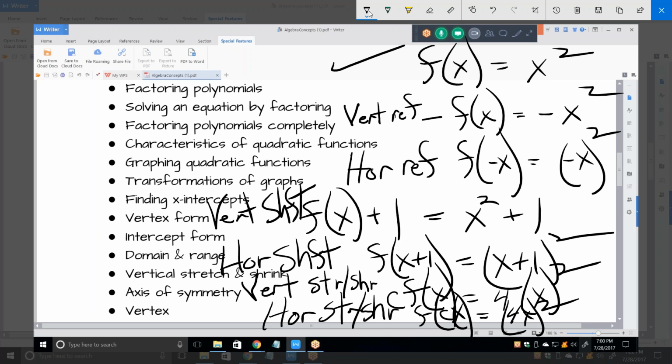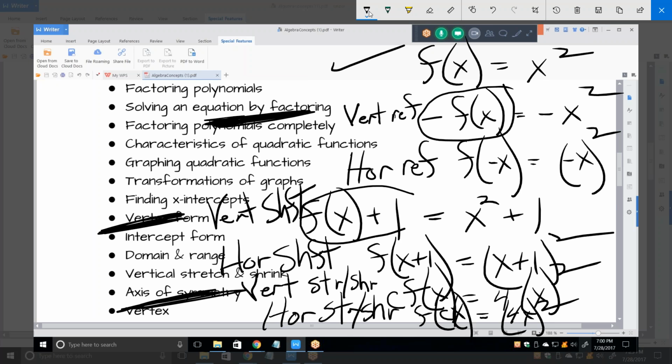But notice the similarities. All of the vertical transformations, those 3, all 3 of them occur outside the f of x, correct? That negative sign is outside the f of x. That vertical shift of 1 is outside the f of x. And this vertical stretch is outside the f of x.